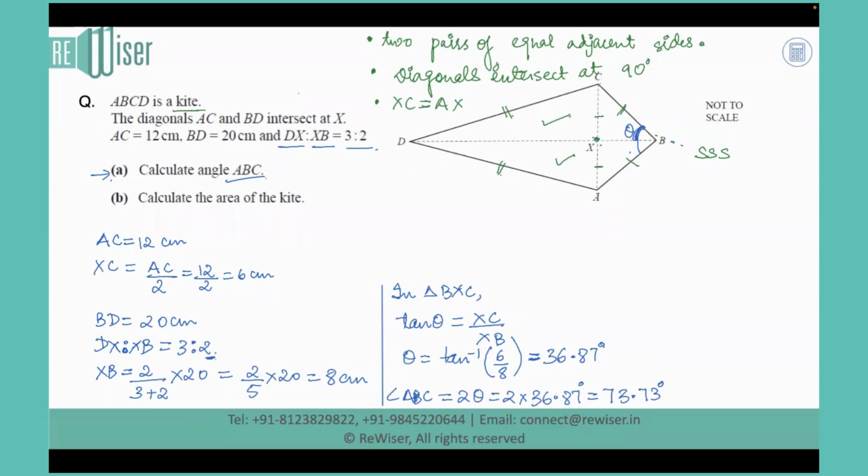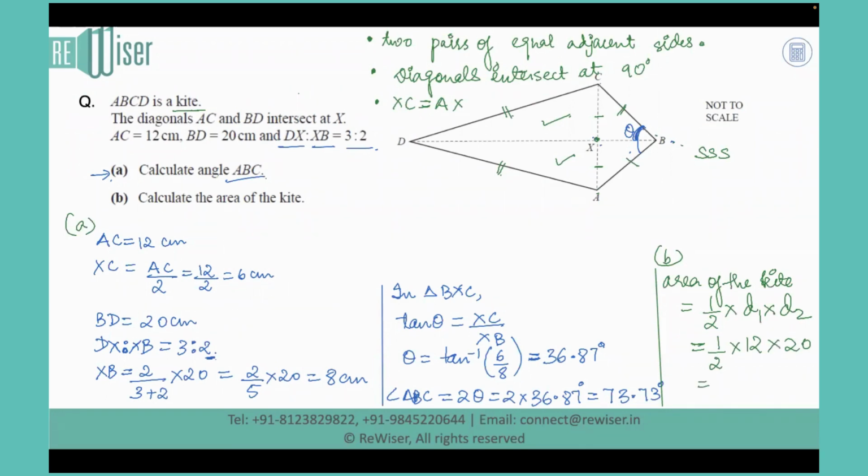Moving on to the second part of the question, we need to find the area of this given kite. This is part A. In part B, the area of the kite is given as half times the product of its diagonal lengths, which is very easy to find now, as we already know the lengths of the diagonals. 1 by 2 times 12 times 20, as 12 is the length of AC and 20 is the length of BD.